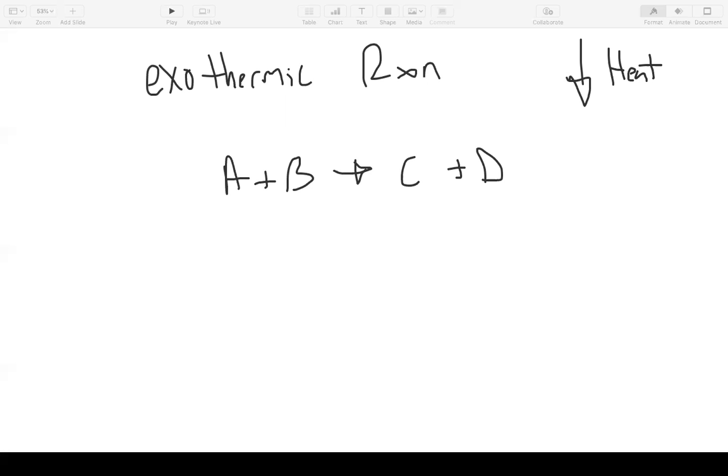Let's think this one through. If we have an exothermic reaction, is heat a product or a reactant? Is heat consumed or released? It's a product. Heat is being released. So we can pretend that we have another component here, which is heat. If our product side is going up, which way are we going to shift so that we reach equilibrium once again?